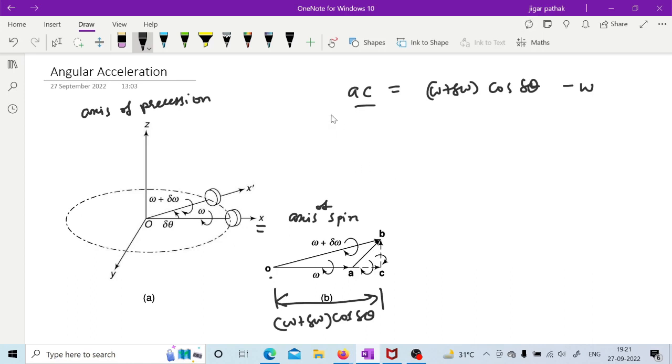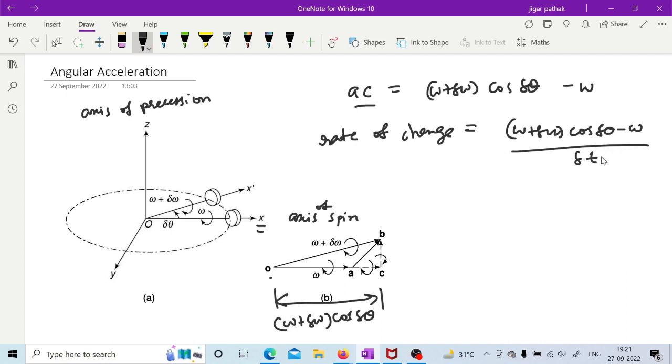Now the rate of change will give you the angular acceleration for that particular component. So if you find this rate of change, it will be ((omega plus delta omega) cos delta theta minus omega) upon delta t. Considering that delta theta is very small, almost 0, cos delta theta will be 1.